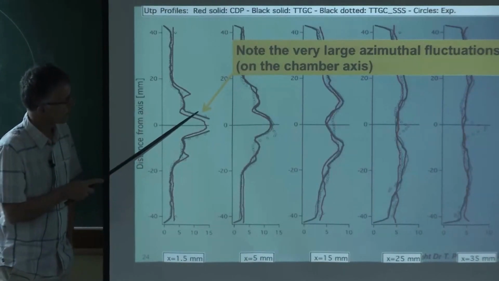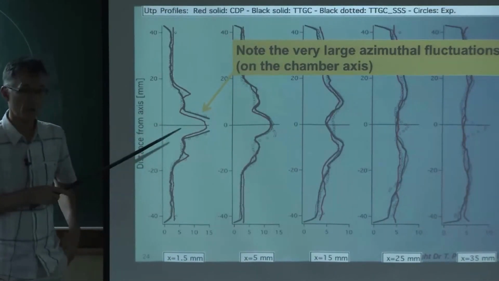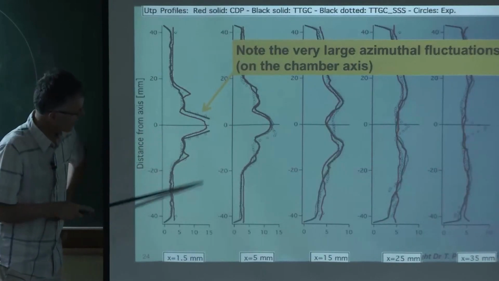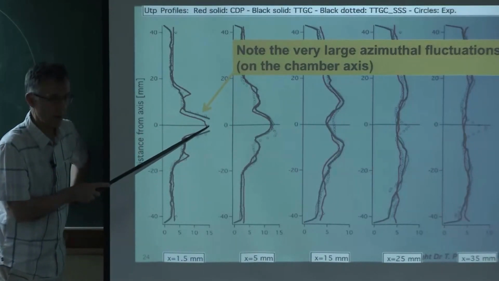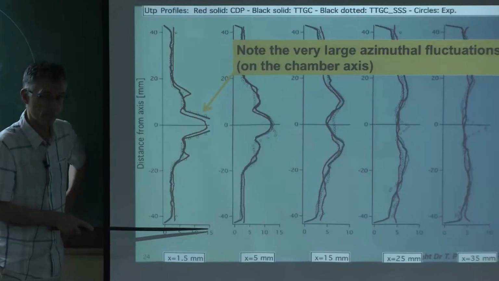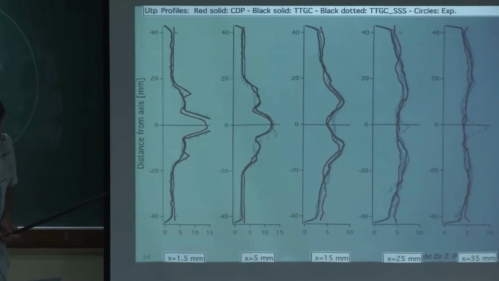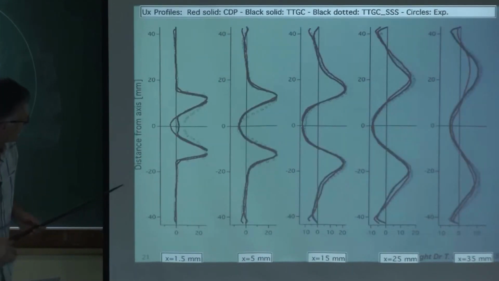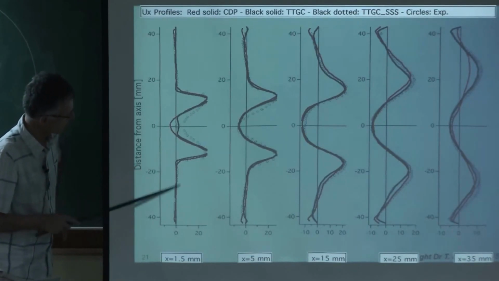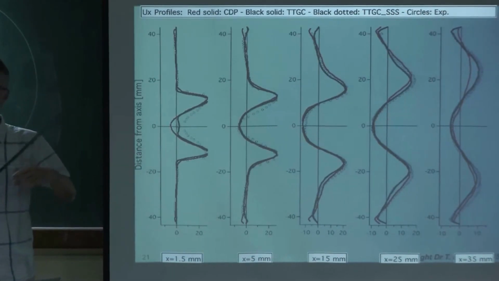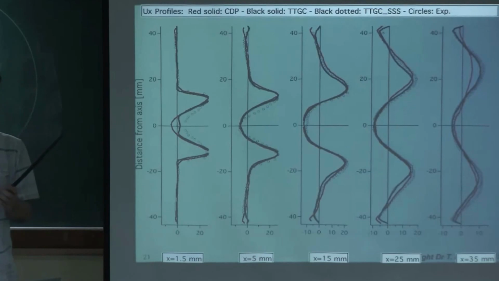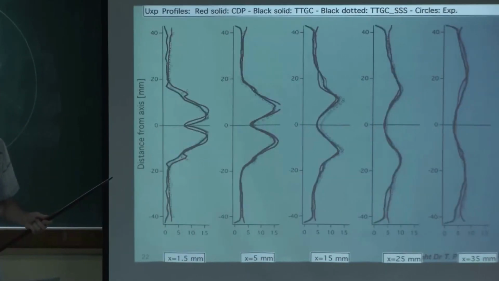And you see the comparison again between LES and experiment is very good, so it's not an artifact. At this point here, you have an RMS velocity of more than 15 meters per second. And if you look at the mean velocity, it is almost 0. So you have a very, very intense zone of turbulence with a very, very low mean speed.